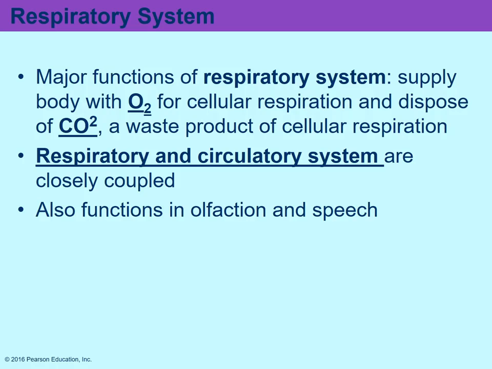One of the byproducts of cellular respiration, the process of breaking glucose down to produce energy, is carbon dioxide, or CO2. And this is a waste product. You need to get rid of it. And so the respiratory system is going to be supplying the oxygen and getting rid of the carbon dioxide. The respiratory system also does play a role with things such as smell.